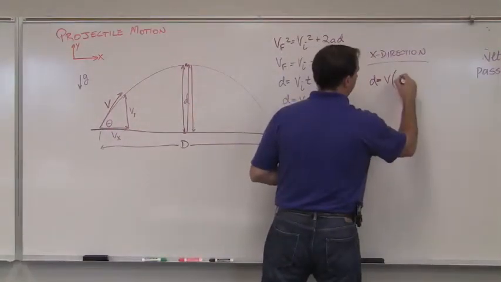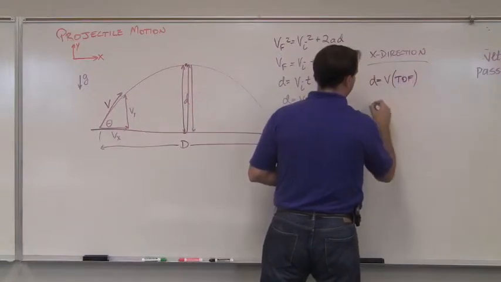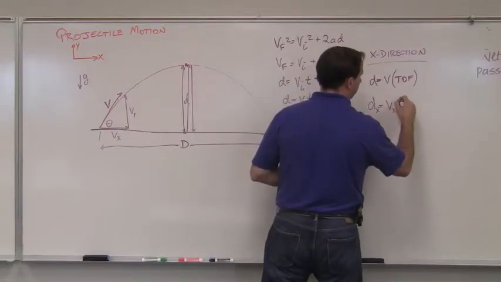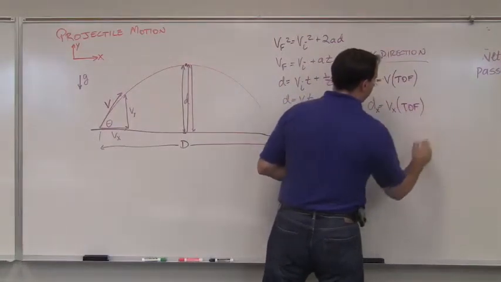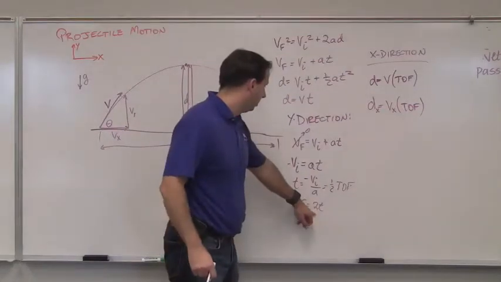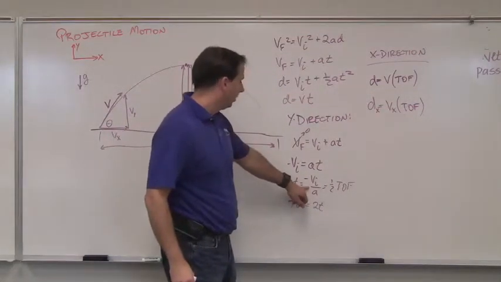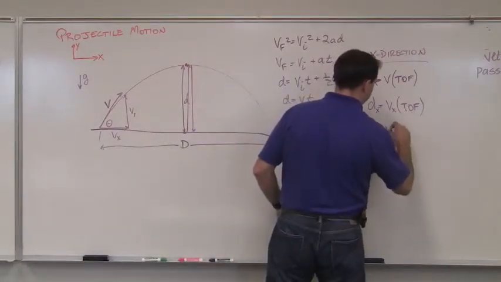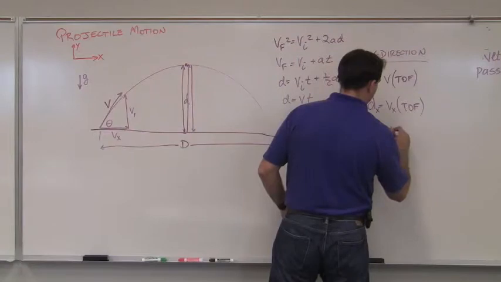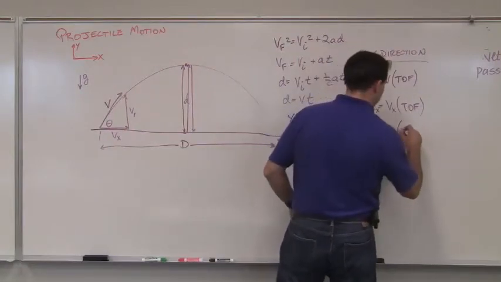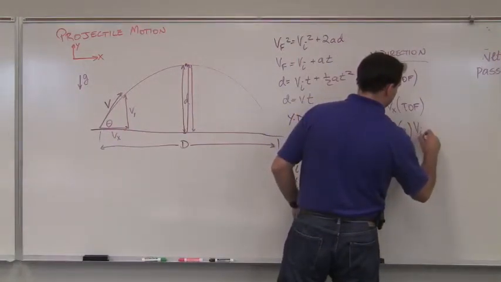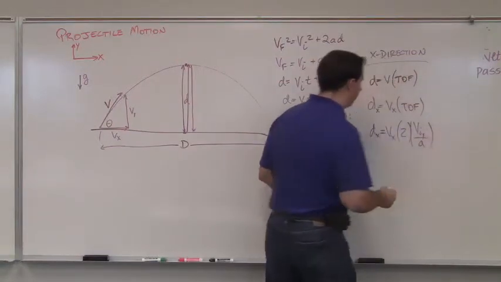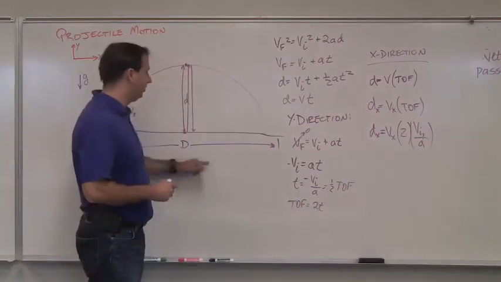So the distance that it goes in the x direction, the distance downstream, equals the velocity in the x direction times the time of flight. And time of flight is just 2 times v initial in the y direction over a. So dx equals vx times 2 times v initial in the y direction over a, if you want to get real crazy with it.